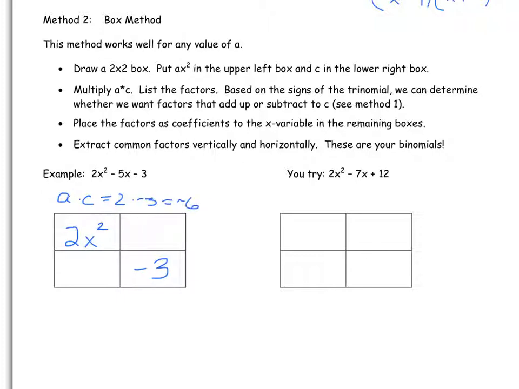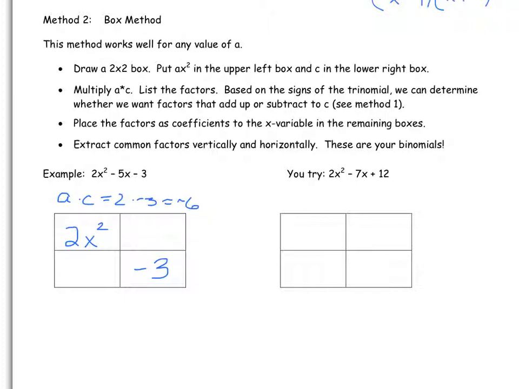So based on the signs of the trinomial, we can determine whether we want factors that add up or subtract to c. All right, so same thing as method 1. We're going to place the factors that multiply to the negative 6 and add to that negative 5 in the other boxes. So we're placing the factors as coefficients to the x variable in the remaining boxes.